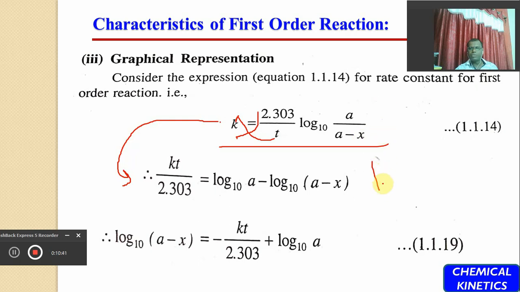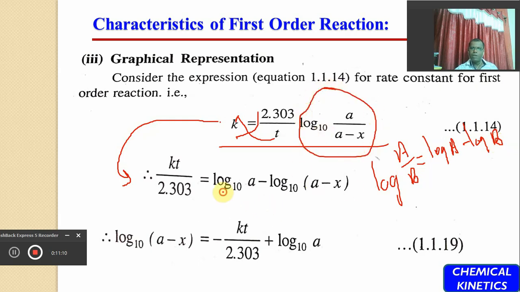The term log of a upon b can be simplified as log of a minus log of b. That's why log of a upon a minus x is written as log a minus log b, because a minus x is stated as b based upon this mathematical rule.